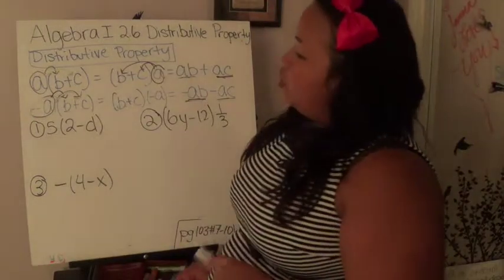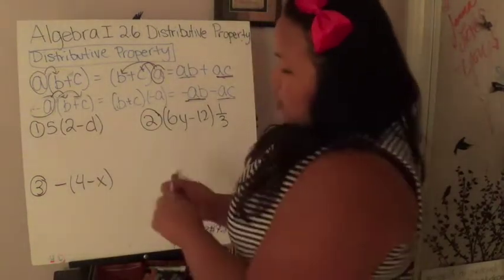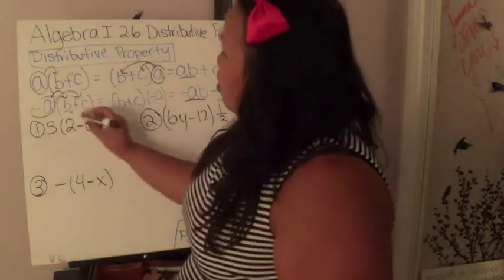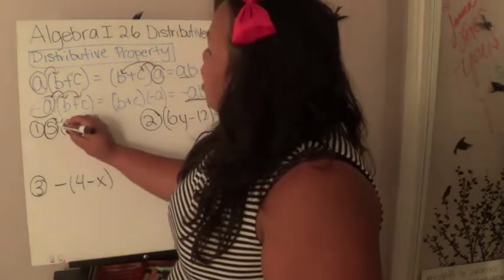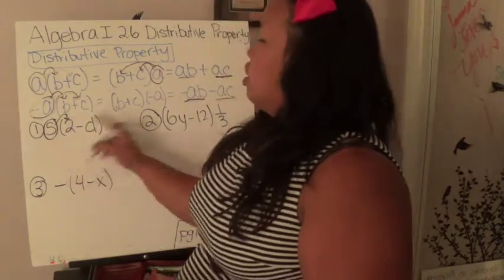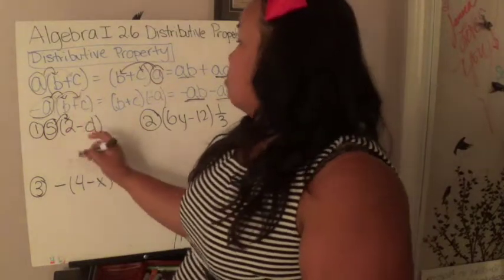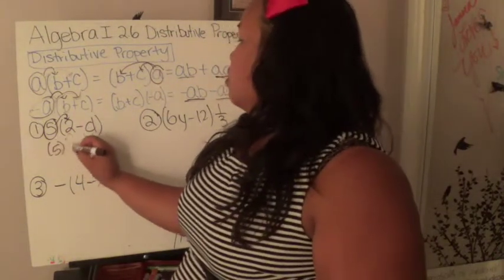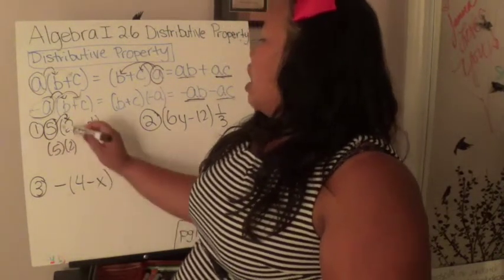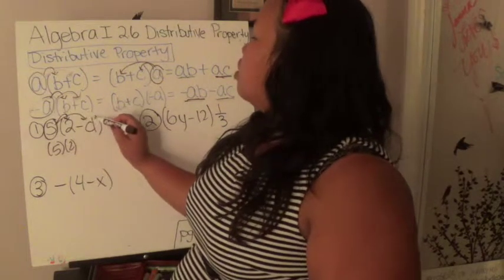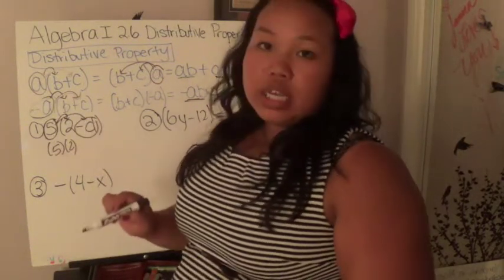When we're dealing with number 1, what I'm going to do is I'm going to take the 5 and I'm going to distribute it with the 2. So 5 times 2, okay, and then I'm going to take the 5, but I'm also going to distribute it to the entire second part.